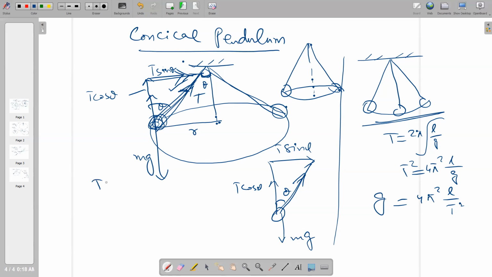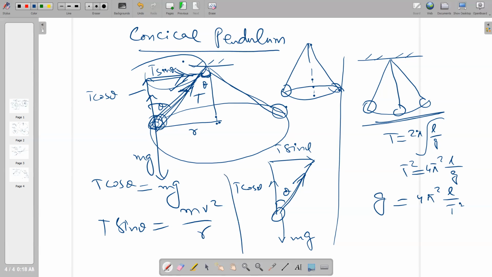So T cos theta is equal to mg. This is balanced by mg. The question is, T sine theta is what? T sine theta is responsible for centripetal motion. So we have two equations, one is this one and one is this one. So what we will do? We will divide 2 by 1.